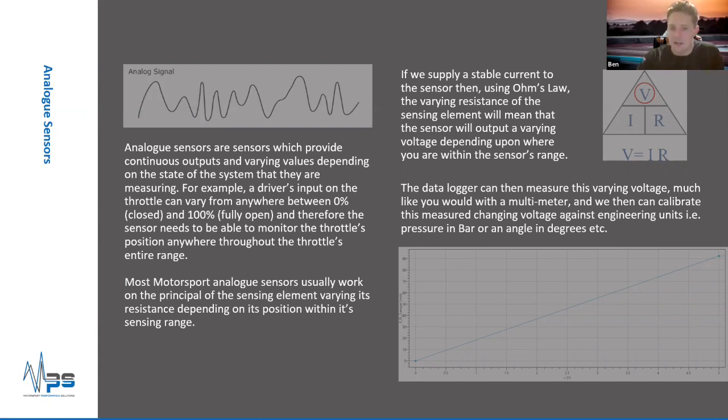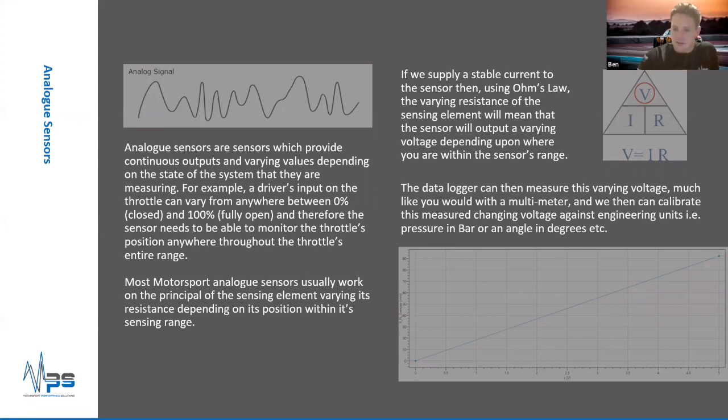So with a pressure sensor, the more pressure it sees, the higher the resistance, for example. So what we do then is we supply it a constant voltage. There'll be a dedicated power supply pin out of your data logger. If we pass that through the varying resistance, we'll get a varying voltage back out of it, and then we feed this varying voltage into our data logger.